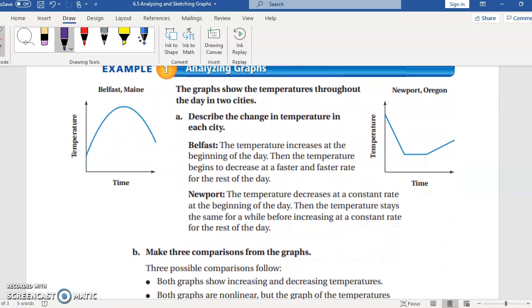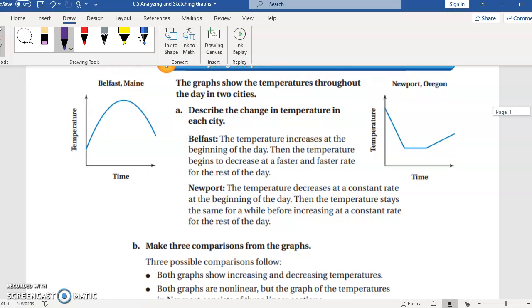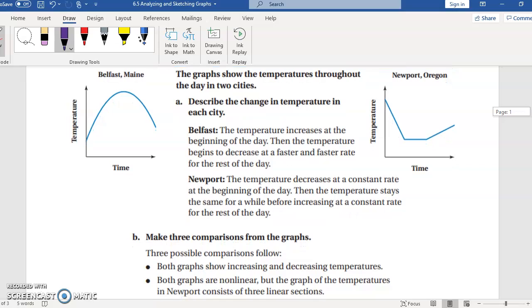So here we have two graphs. One is the temperature in Belfast, Maine, and the other is in Newport, Oregon. So they're just showing the temperatures throughout the day. Letter A, describe the change in temperature in each city. So in Belfast, the temperature increases at the beginning of the day.